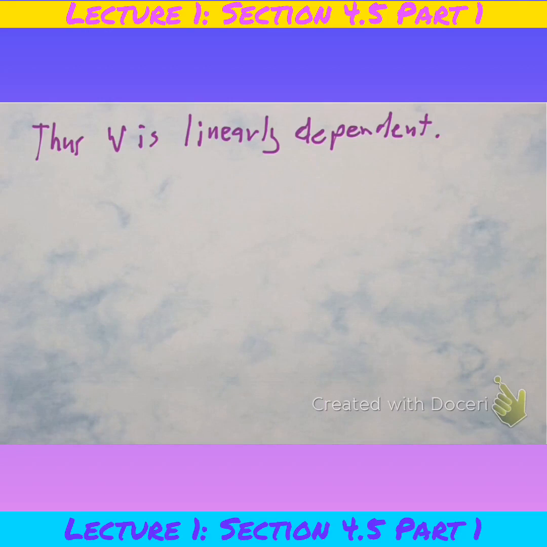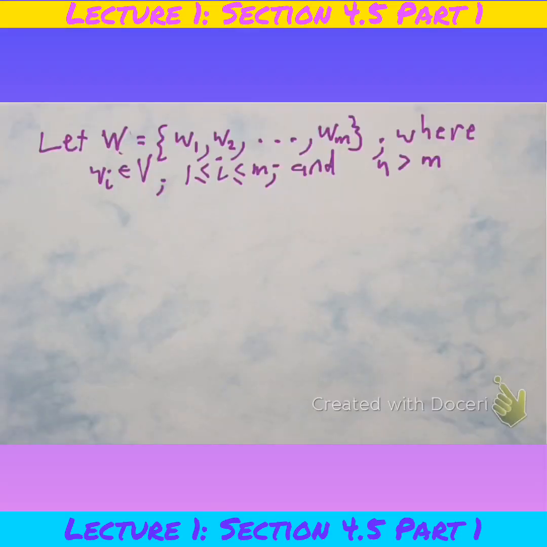Now we look at the second part, which is very similar to the first part. Let's see what happens if W has fewer than n vectors. What happens to the span? Can W span the whole vector space V? Again take the set W, but now let's require that the number of vectors is strictly less than n, where n denotes the number of vectors in the basis.